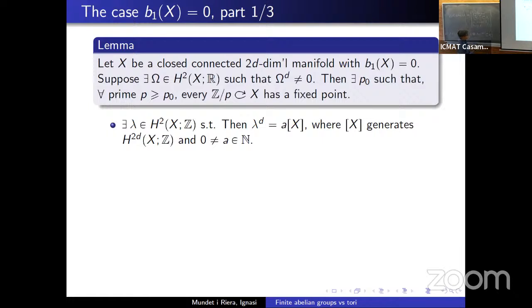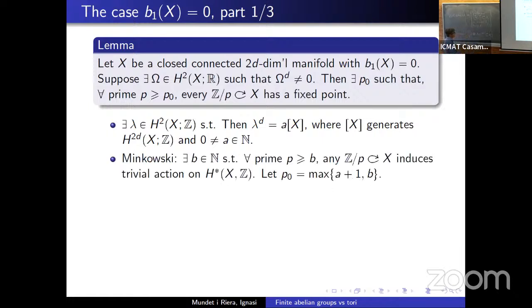So I call it lambda here. Now, by Minkowski lemma, the one that I wrote there, if p is big enough, then any action of Z mod p on X induces the trivial action here. In particular, it fixes lambda.